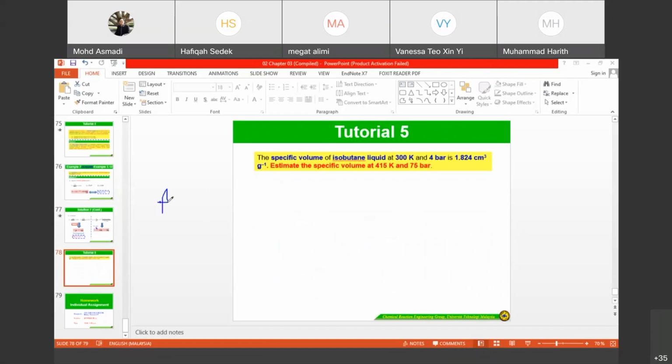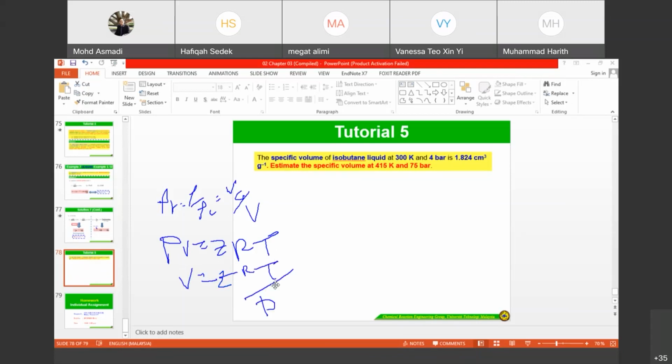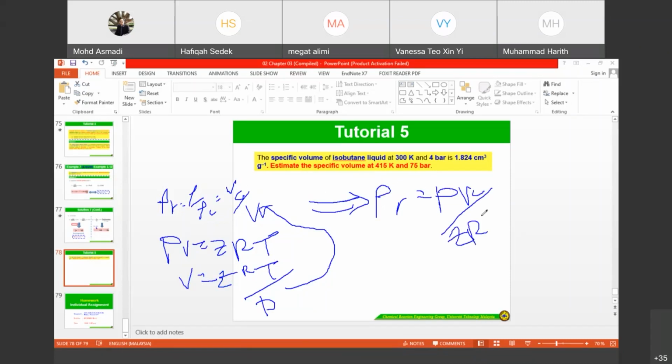Since rho R equals rho divided by rho C, which is VC divided by V, and PV equals ZRT, so V equals ZRT divided by P. Just substitute into this equation and you can get a new equation: rho R equals PVC divided by ZRT.